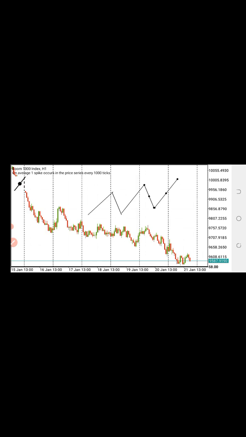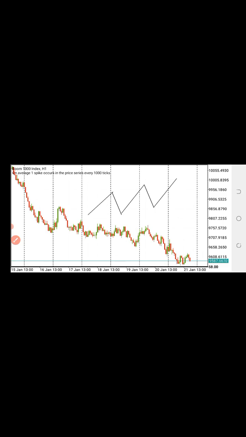This is what we have been taught in the textbook. Now, this is what we call a textbook view of the market. Hardly would you ever find this in the market. By the time most people have read a lot of books, the breakthrough in market structure, the mastery in market structure, by the time you open your chart, you will not see anything like this.